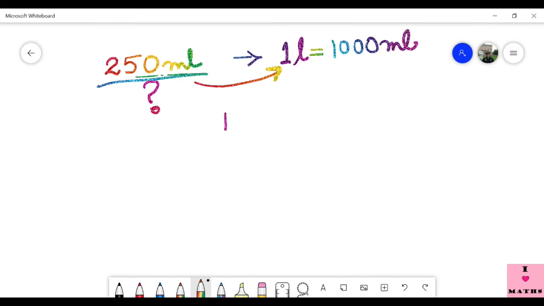So we will divide 1000 by 250 to find out how many bottles we need.